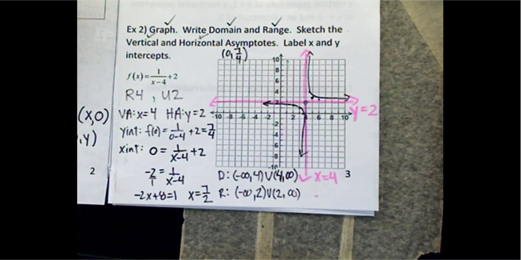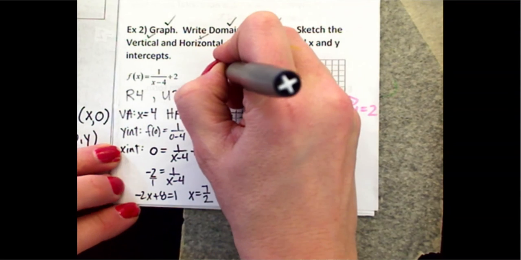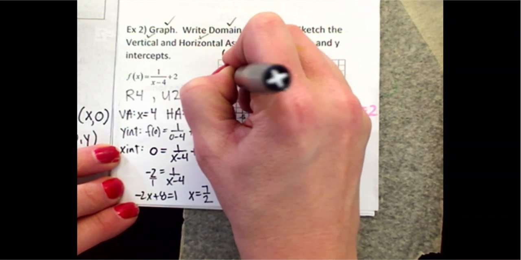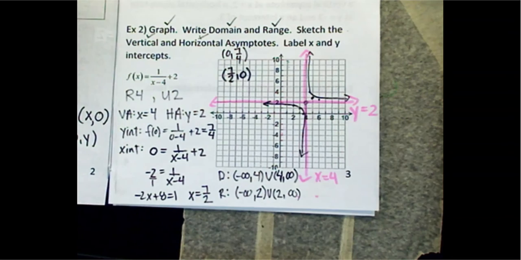So 2 steps to get to something that you could do in your head. Is there a reason why the numerator was the same for y-intercept? No reason. Okay, so I'm just going to label it. So we have 7/2 and 0. So there are my 2 intercepts.